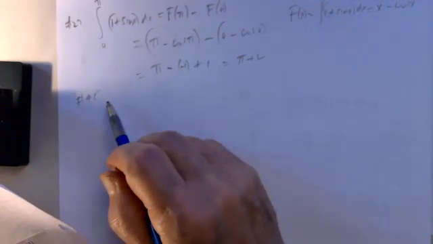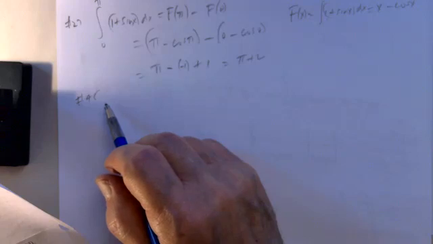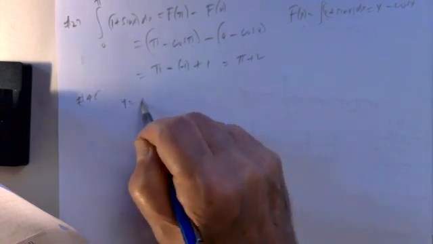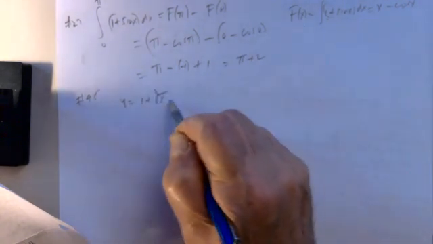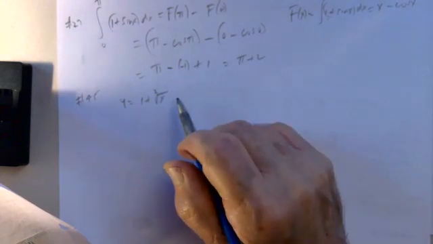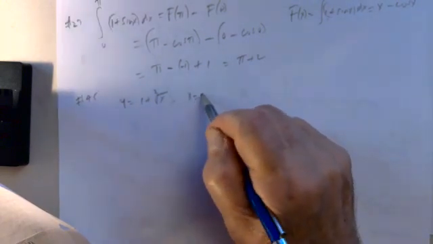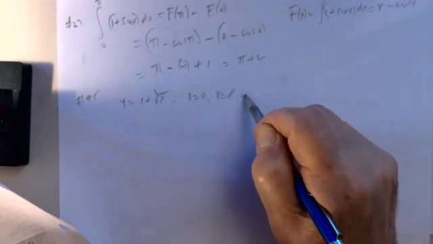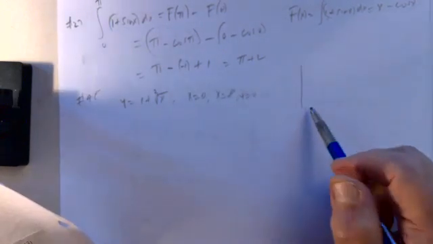Number 45, find the area of the region bounded by the graphs of the equations y equals 1 plus the cube root of x, x equals 0, x equals 8, y equals 0.